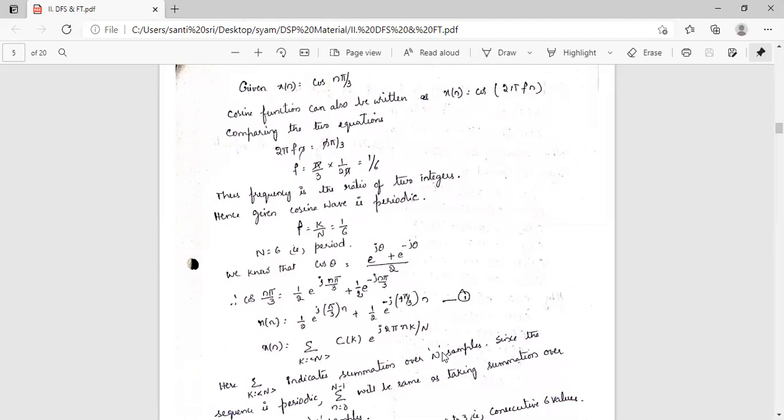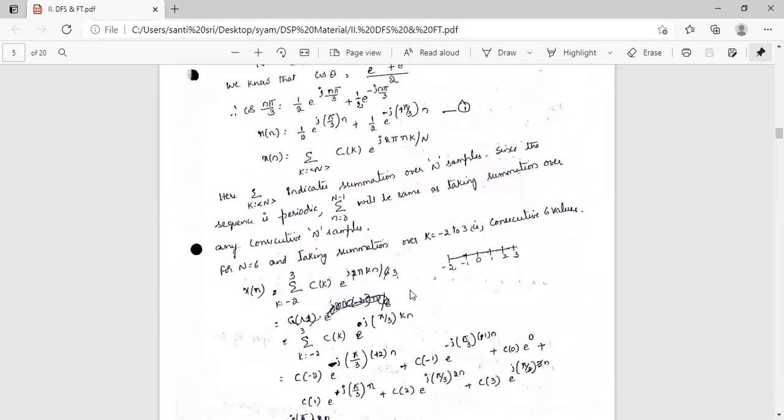Or we can write this as the sum over k = ⟨N⟩ of c_k e^{j2πnk/N}. Here the sum over k = ⟨N⟩ indicates summation over N samples. Since the sequence is periodic, summing n from 0 to N-1 will be the same as taking summation over any consecutive N samples.